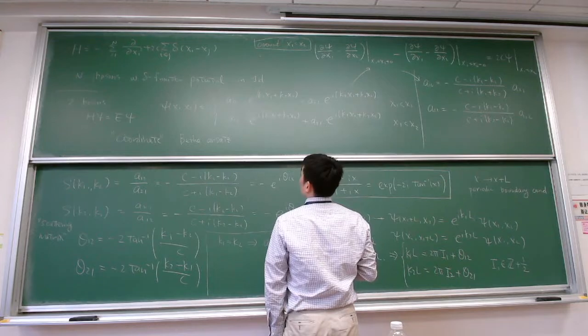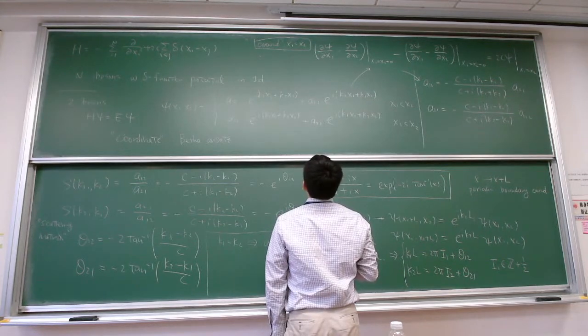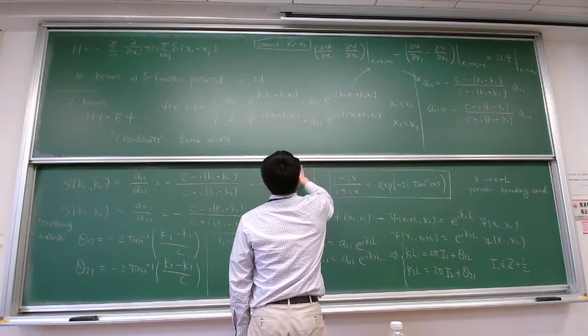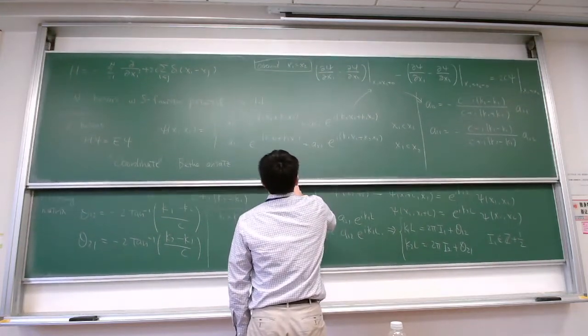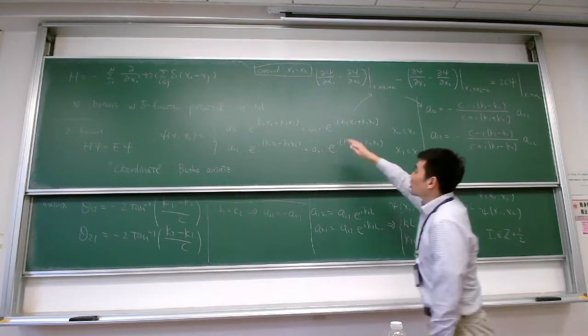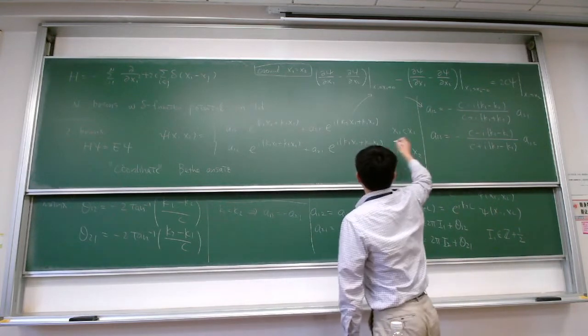Let me think. Yeah, I think it's bosonic. So you have x1 equal to x2. They should coincide. Okay, should coincide.